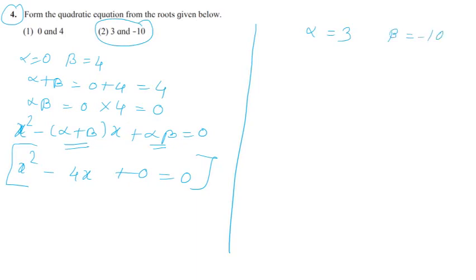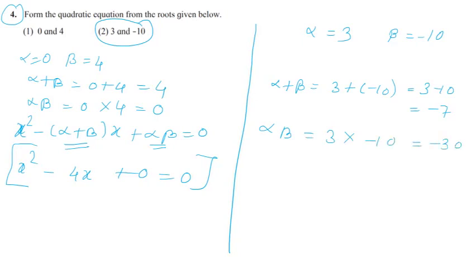The required quadratic equation is, before that, first find alpha plus beta, that means 3 plus minus 10 equal to 3 minus 10 equal to minus 7. Okay, and alpha into beta, 3 into minus 10 equal to minus 30.